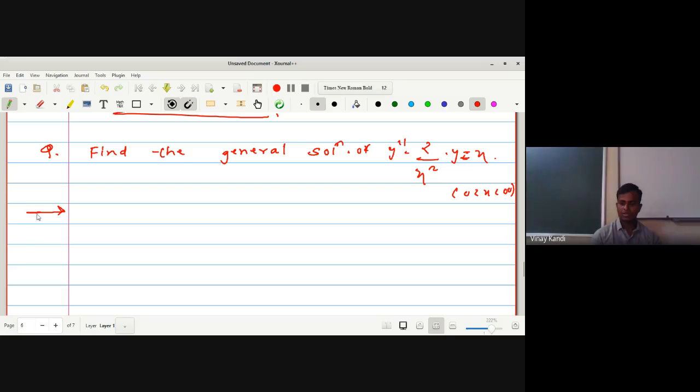Now solution: given that y double dash minus 2 upon x square into y, which is equal to x. Okay, so this is the given equation.